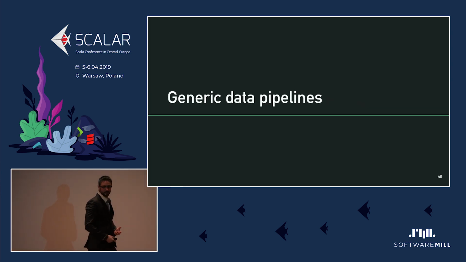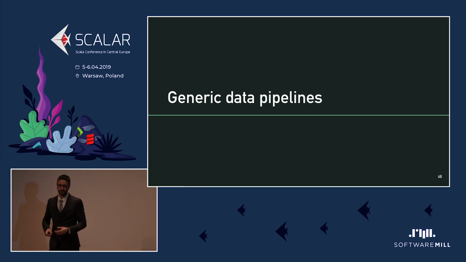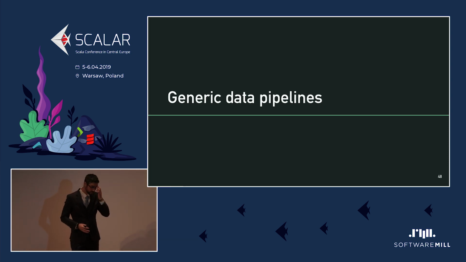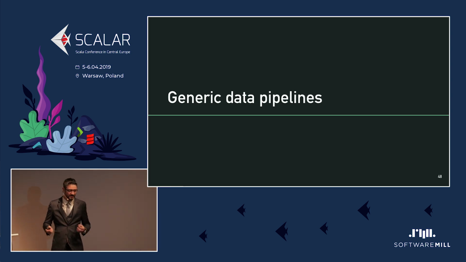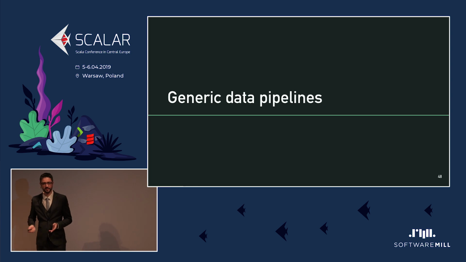And finally, you can go completely crazy if you add on top of that an abstract representation of data, not just its structure. You can build completely generic data pipelines that perform a lot of complex operations on data that you never wrote a case class for. It's just a schema. You plug a schema, and you have a new data pipeline.